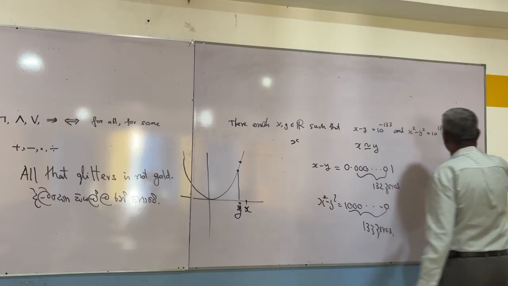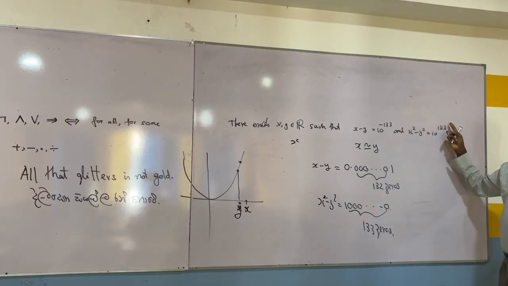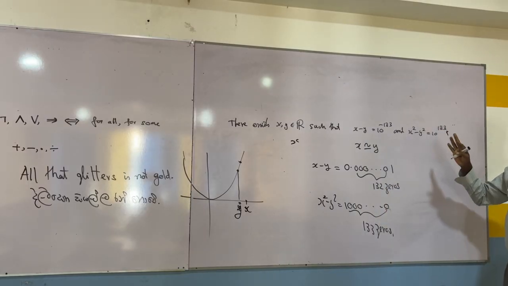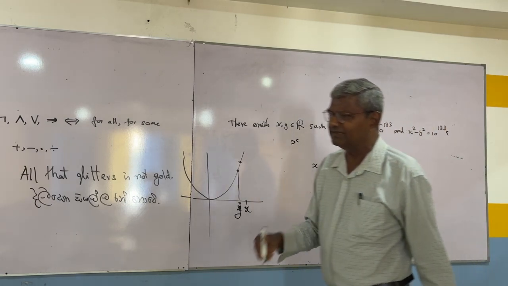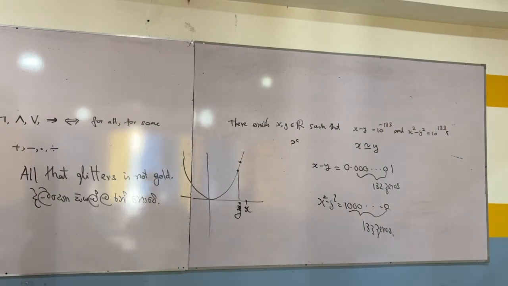According to some Sinhala experts, this is called asankheya. Some people have different opinions, but according to this glossary, the Sinhala English is something like that. So what does this say? You cannot draw the graph of y equals x squared. Can you see that?